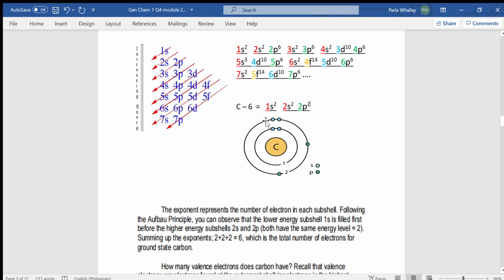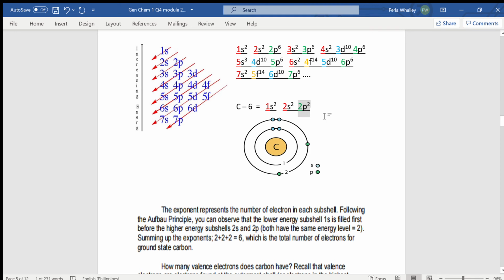For example, if this is the electron configuration, there is only one coefficient here that is highest, so what you write as the valence is also 2. There is no need to add because there is only one coefficient which is the highest.